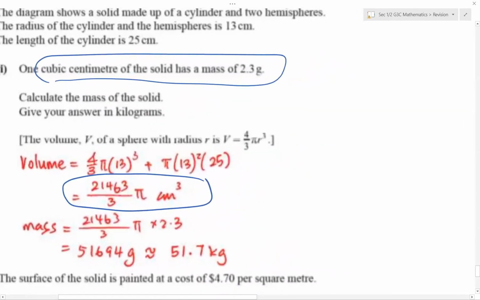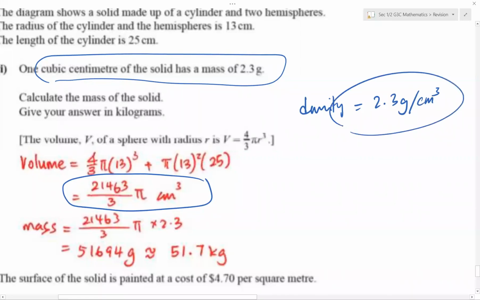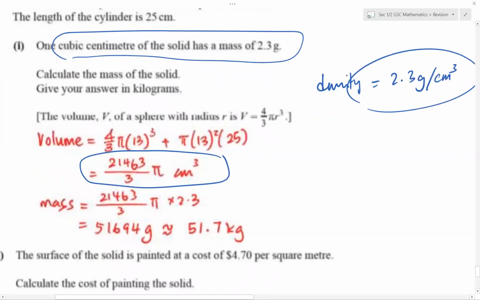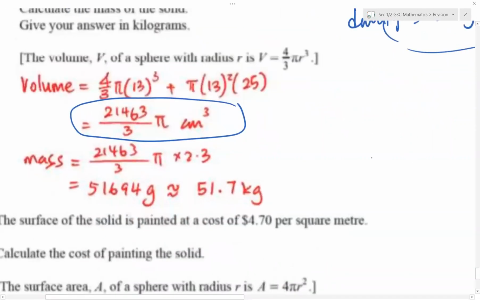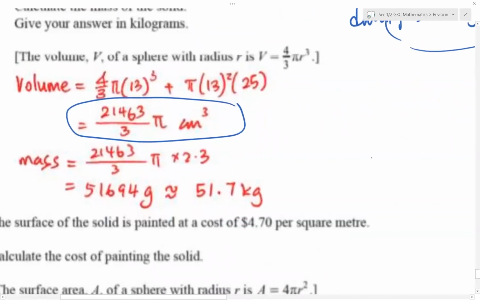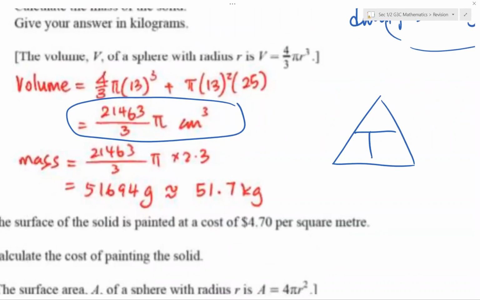So they can tell you things like density equals 2.3 grams per cubic centimeter, and then you are expected to use this to calculate the mass or the volume, or even to calculate density. Not sure if your physics teacher taught you this, but it's just like your speed, distance, and time. You just need to fill in the relevant blanks.